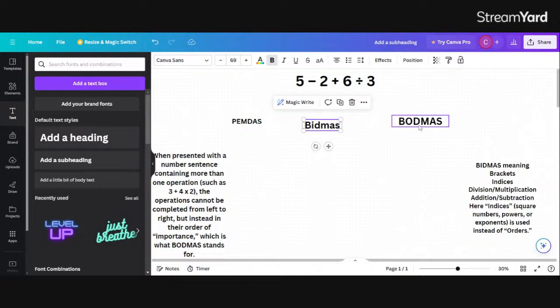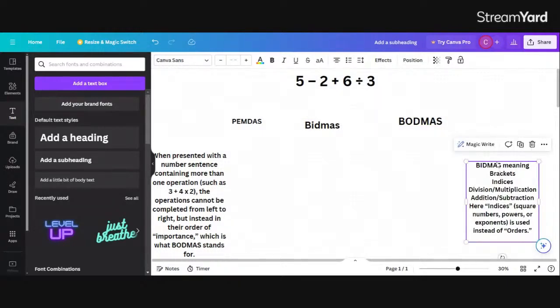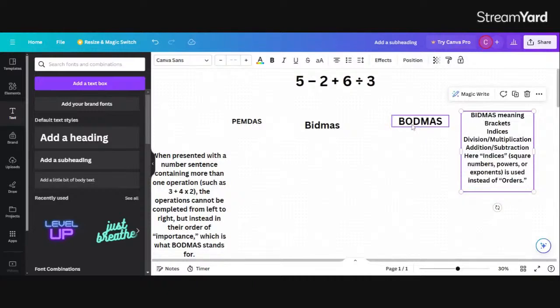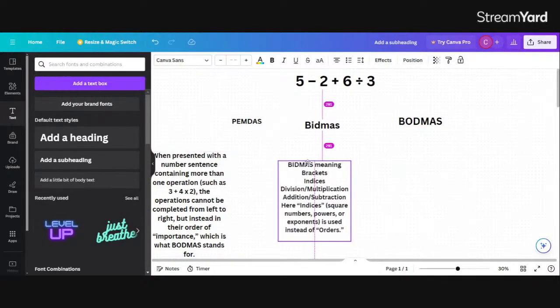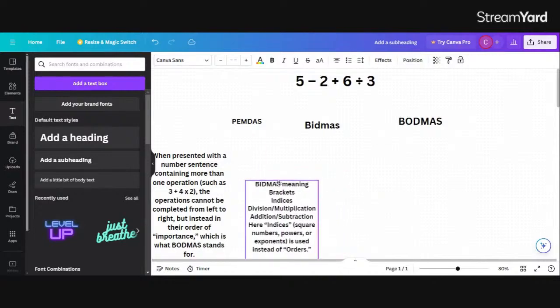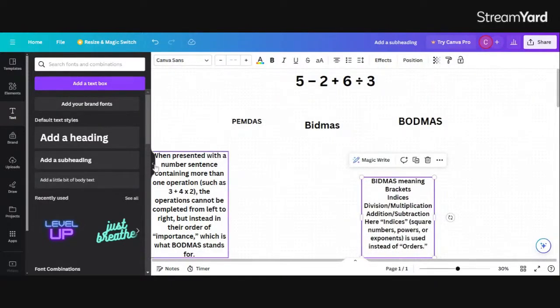For BODMAS, we have B for brackets, O for others, D for division, M for multiplication, A for addition, and S for subtraction.